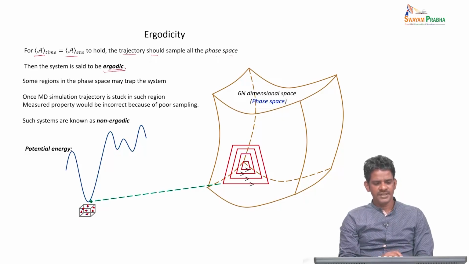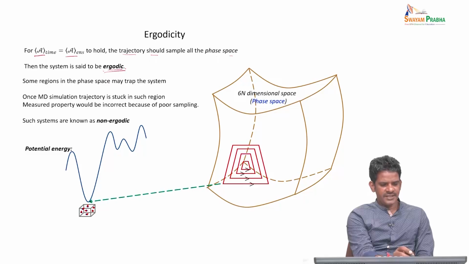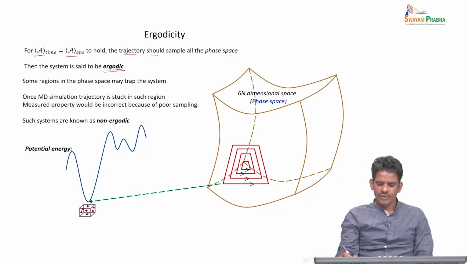In some cases, the microstates may get trapped in a very local space in the phase space and never come out of it. If you use that kind of simulation to calculate a time average or ensemble average, it would be an incorrect estimate. This trapping in a local region of phase space is shown pictorially here.